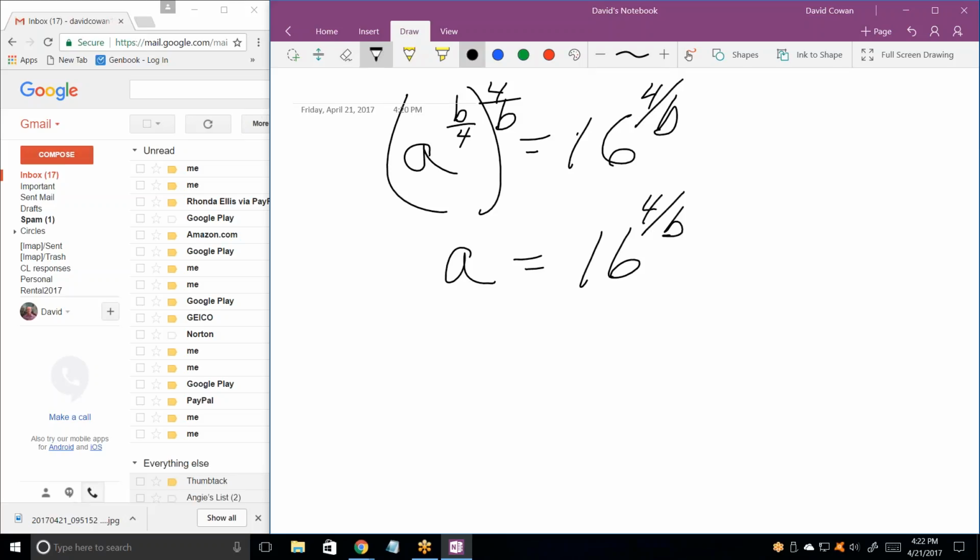Sorry, I should have read that better. Well, if b were 16, I'd be taking the fourth root of 16, which is 2. So you give me a b and I can give you an a, but there are lots of different answers. If b were 1, then a is going to be 16 to the 4th power.